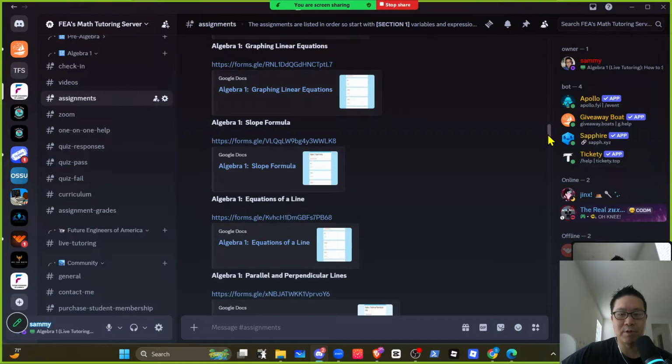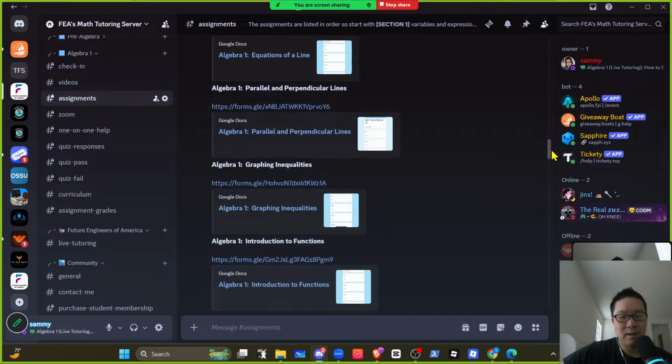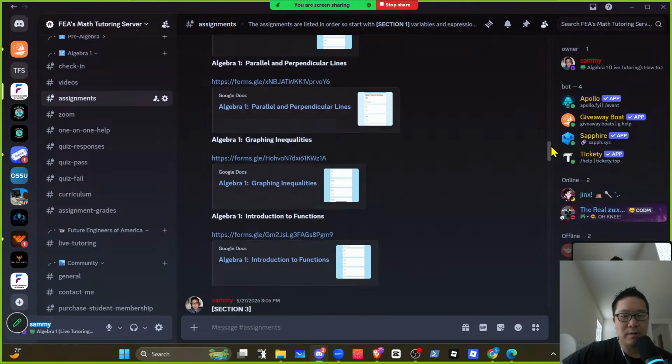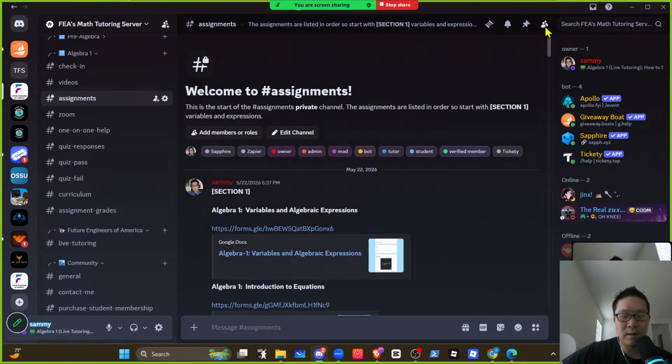There are different forms of a line: the slope intercept form, the point slope form, and the standard form of a line. There's parallel and perpendicular lines, graphing inequalities, and finally, we're going to be introduced to functions. All right, so that's the next section, and that's it for today.